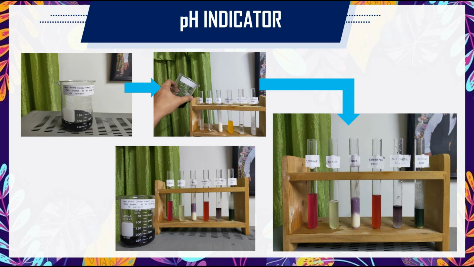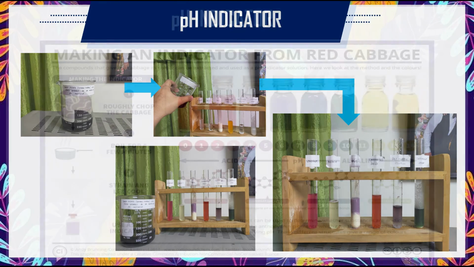I have put at least 2 to 3 ml of plant extract natural pH indicator in each sample, and it became very evident that there were changes in the color. Some became red, some became green, and some remained as violet.